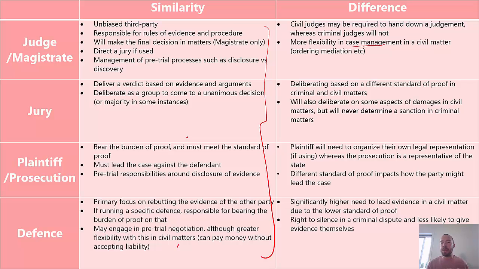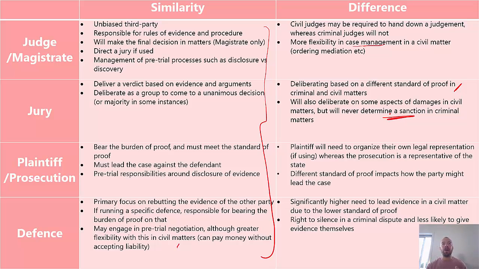So ideally, when we're talking about differences between their roles, we would focus on, let's say a jury is used in civil law, how will their role be different? While they're deliberating on a different standard of proof, and in some civil matters, they will be handing down damages, whereas they will never determine the sanction in a criminal matter.